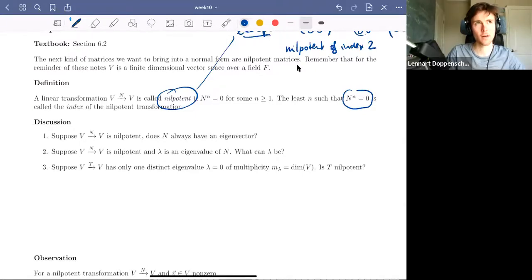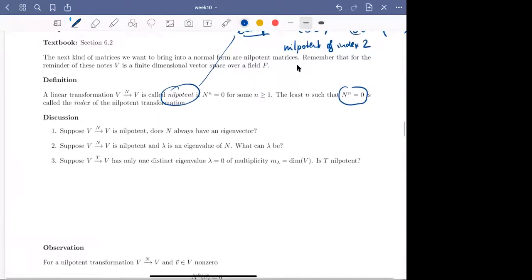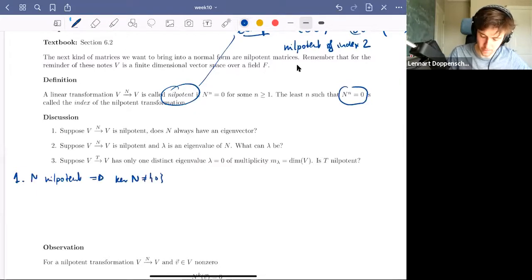Right, that's correct. It's just somewhat different than what I was expecting. So let me write this down and then try to bend it to where I want it to be. N nilpotent has to mean that the kernel of N is non-trivial. Why is this?